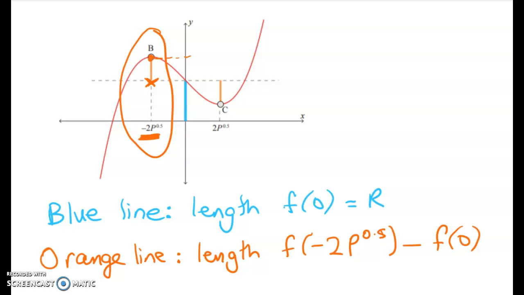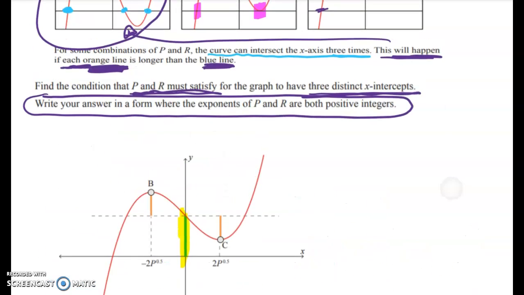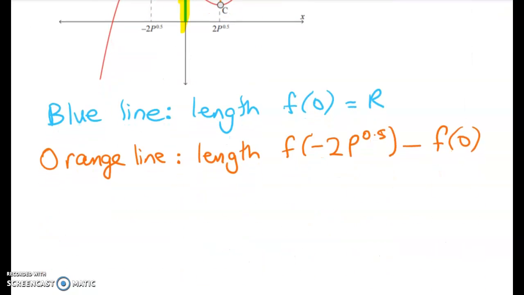There are lots of ways to see this, but if you pause the video and stare at it, you'll see that the orange line is all of that, take away that. But it's very easy to find this length. We've already done that. That's just the y-intercept. Okay, so what we're being asked to find is the conditions when the orange line is longer than the blue line.